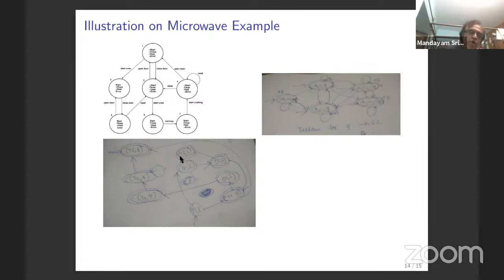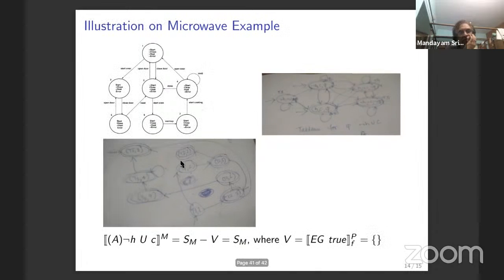And therefore, the set of states that contain not phi, from which there is at least one fair path going out of it, is empty, okay? So V in this case is empty in the product machine.